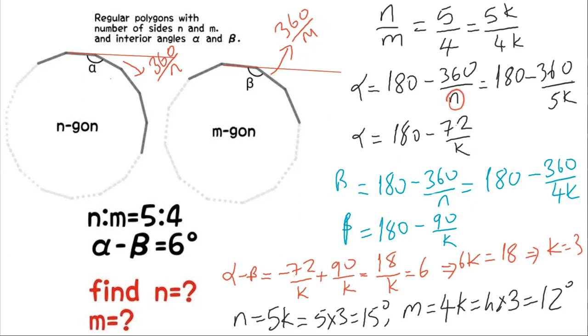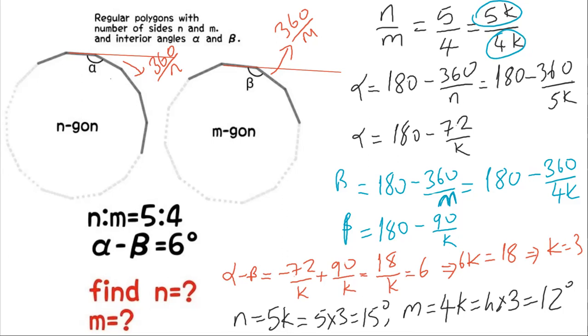Oh, this will be m, so let me correct that one. Instead of n and m, we can write 5k and 4k.